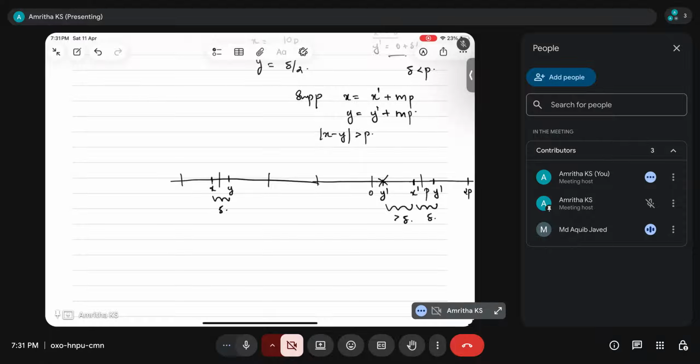What do you want to understand? Why y dash is so? Because here in 0 to 2p I can find y dash near to x dash.